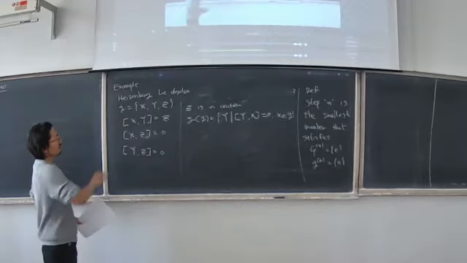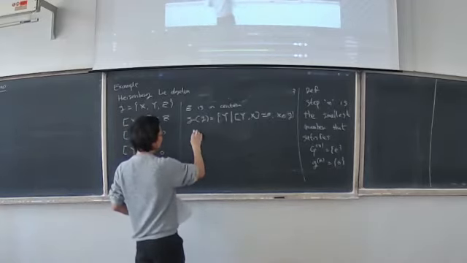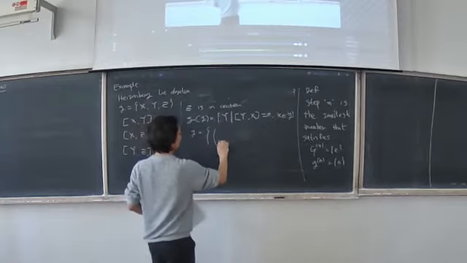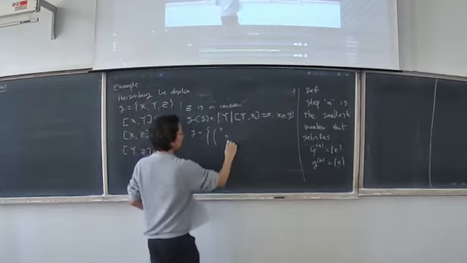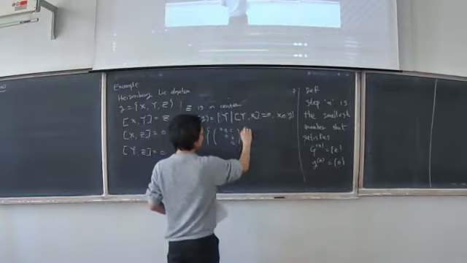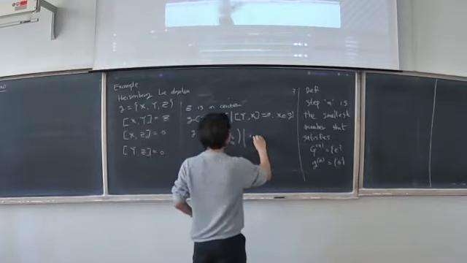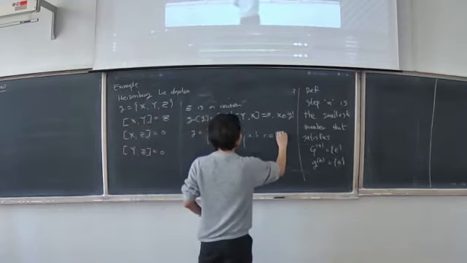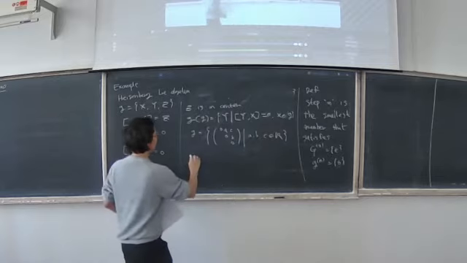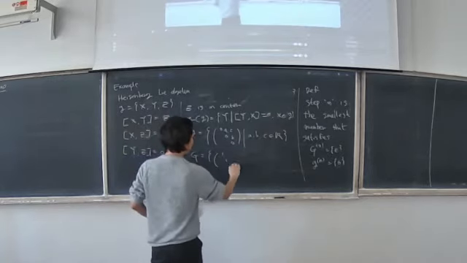We can also write the Heisenberg algebra in the following way. We can write G as the set of elements in the strictly triangular matrices. Also, in the group sense, we can write the matrices with ones on the diagonal.